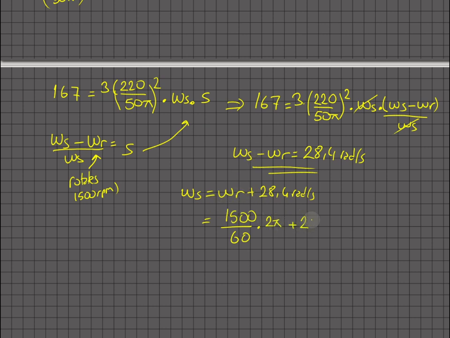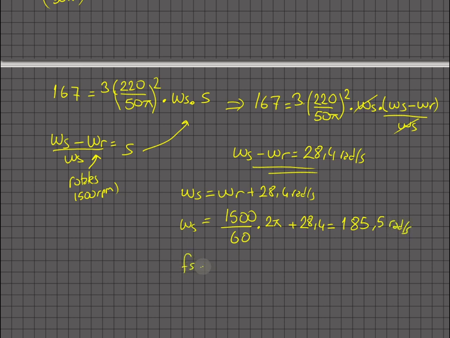plus 28.4 radians. And the synchronous mechanical speed, if you calculate that value, you will find 185.5 radian per second.